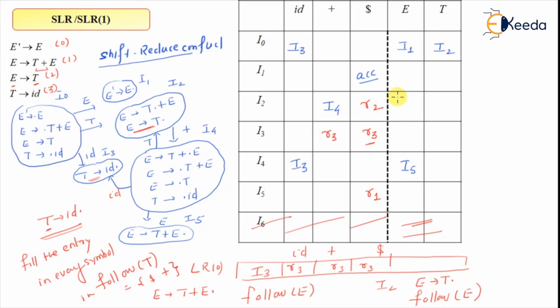So we are restricting the entries filled in the SLR table; we are not filling them everywhere. We compute the Follow set, which depends on the reduction, and then put the entry. T derives ID dot uses Follow of T, E derives T plus E uses Follow of E, and E derives T dot uses Follow of E. That way we restrict it and then fill the entries.